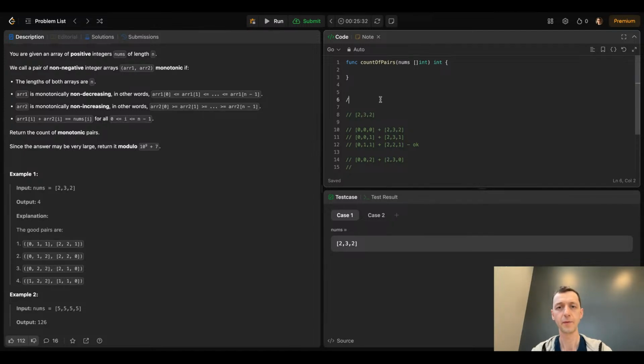Yeah, if the input is 2, 2, then the variations are gonna be 0, 0. So there will be 0, 1.